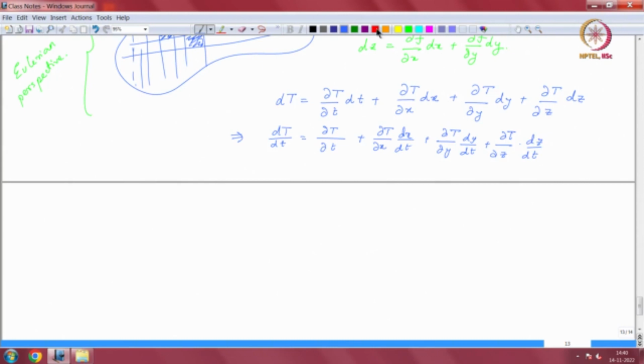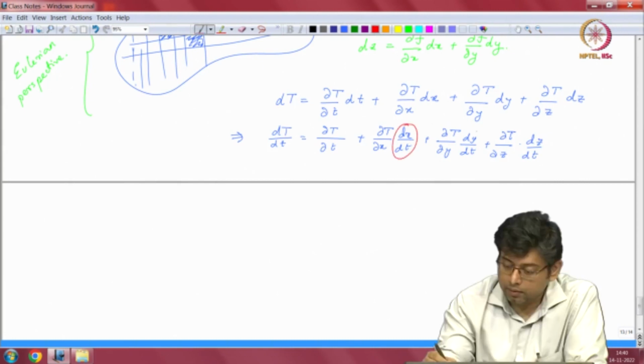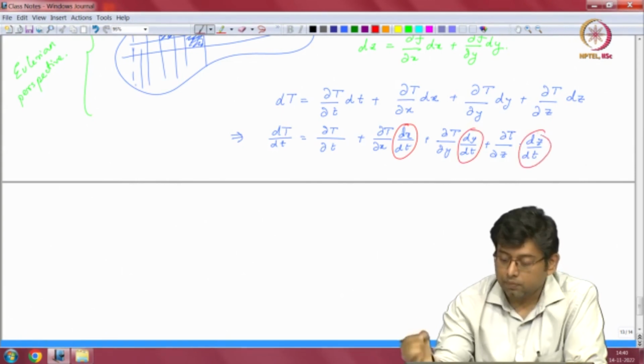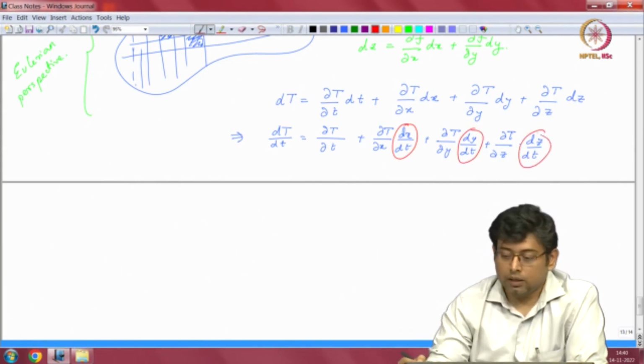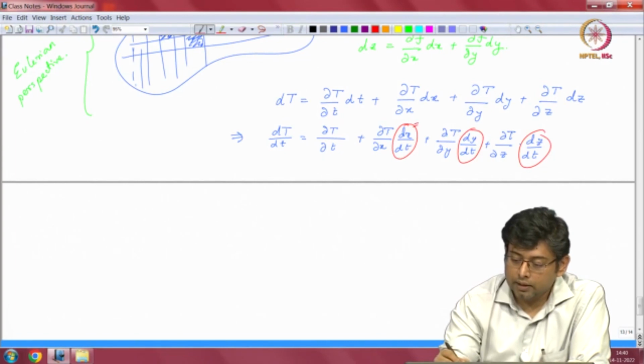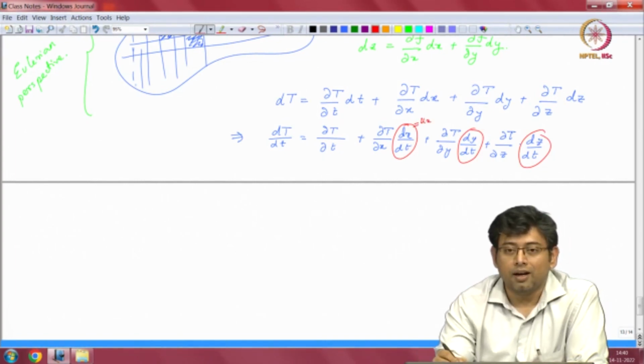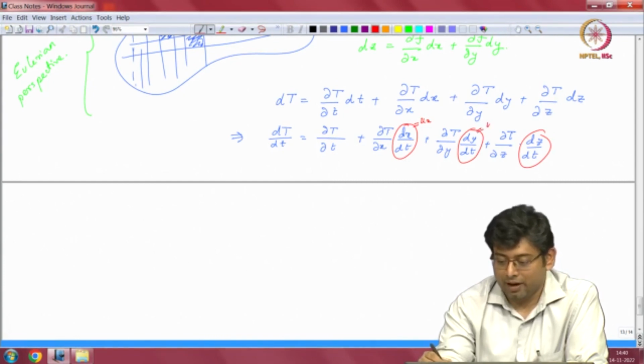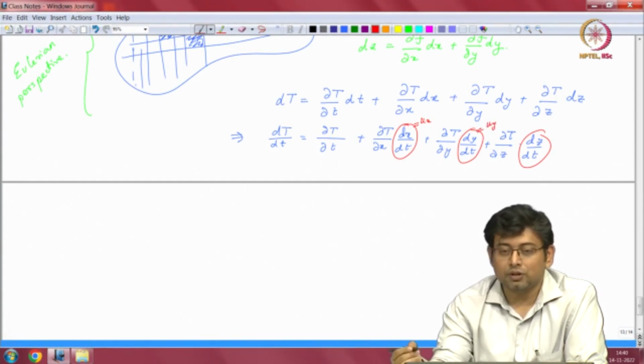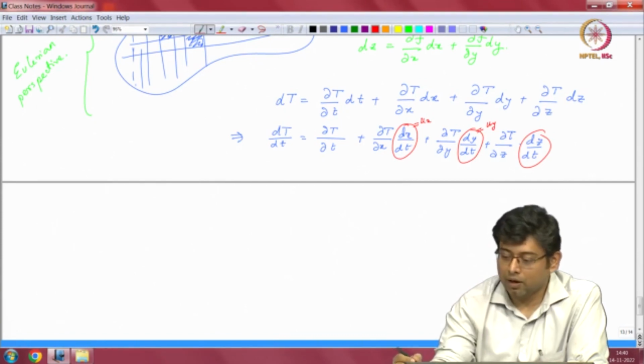So what are these quantities right here? Well, these are nothing but the local velocities, right. So I can write this as u_x. Now that we have entered the realm of fluids, we are going to use u for velocity, and just to make sure that I am using a slightly different variable, I am just going to use this subscript to make our life easier.